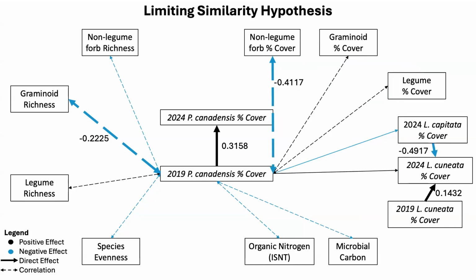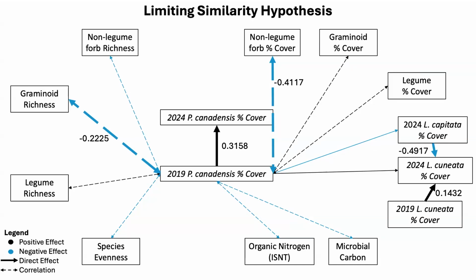For the limiting similarity hypothesis, we again see that the two focal species in the past have positive direct effects on their 2024 covers. So wherever those groups were historically, they tend to be more abundant 5 years later. There is, I would say, support for the limiting similarity hypothesis because we see a negative direct effect from 2024 capitata to the invasive cuneata.